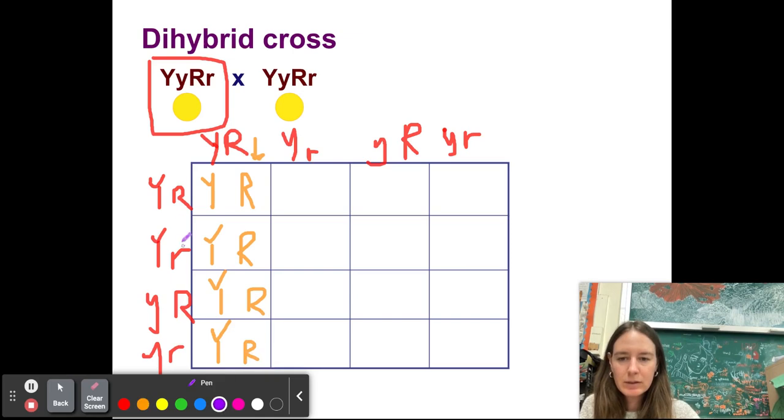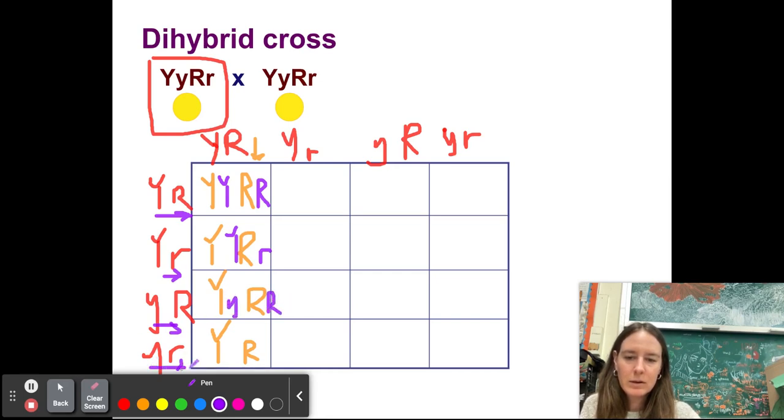And then let's go across. So you're going to add capital Y, capital R here, then going across this way, capital Y, lowercase r, go across here, lowercase y, capital R, and go across here, lowercase y, little r.